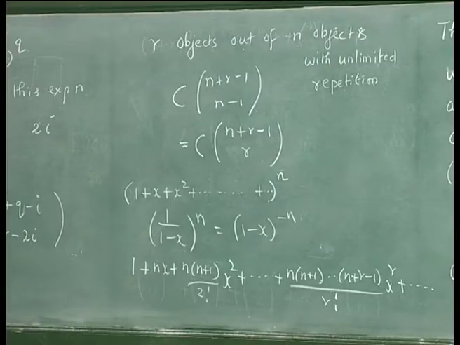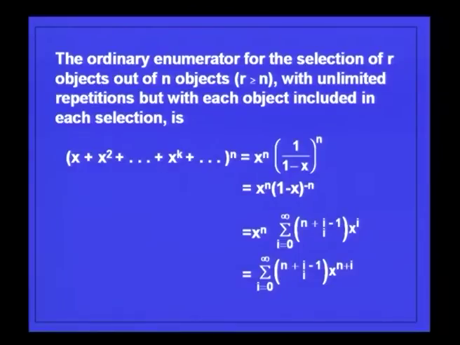Now, if you have to select each one of the n objects at least once, then what is the expression? We will consider that. The ordinary enumerator for the selection of r objects out of n objects, now r has to be greater than or equal to n, because each one of them you are selecting at least once with unlimited repetitions, is given by this expression: (x plus x squared plus x cubed etc.) to the power of n.